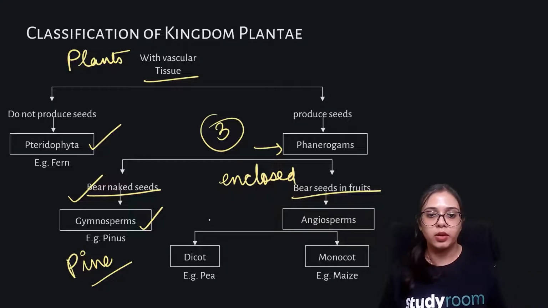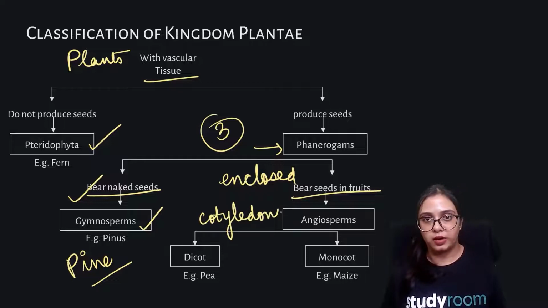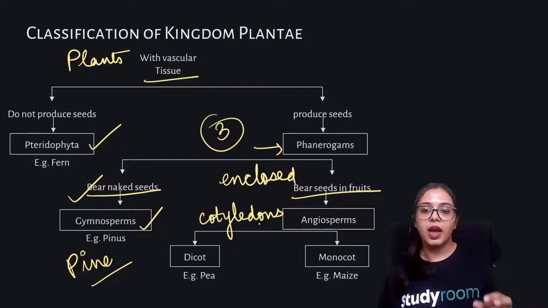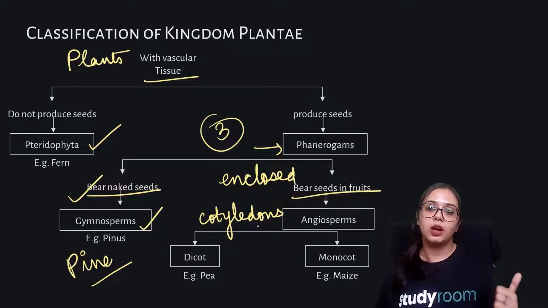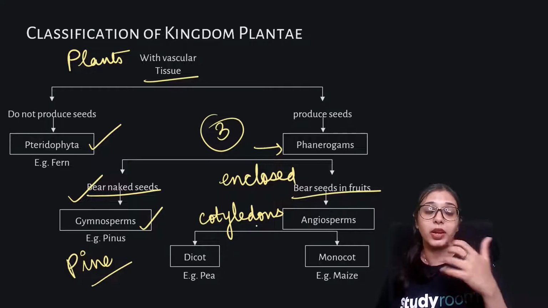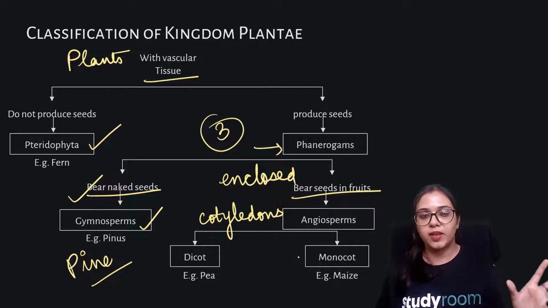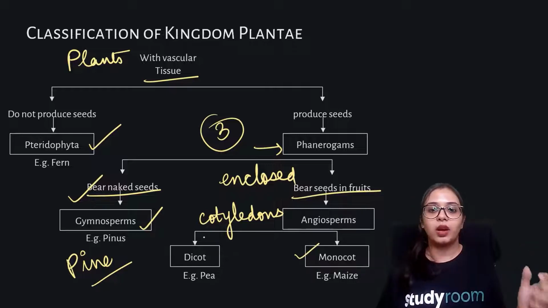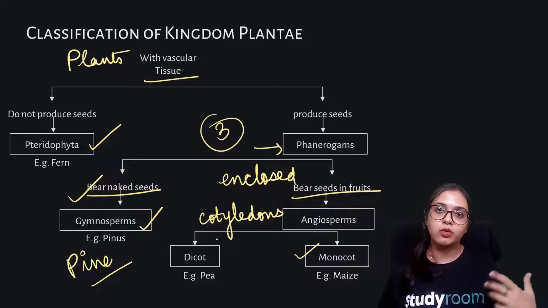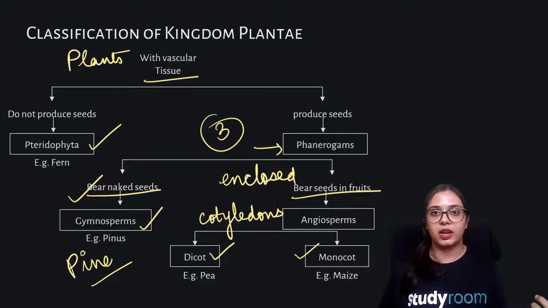Cotyledons are the structures that you get inside a plant seed. Depending on whether a seed-bearing plant has one cotyledon, it can be divided into monocots, and plants that have two cotyledons can be divided into the dicots category. In the dicot category, you have pea as an example.